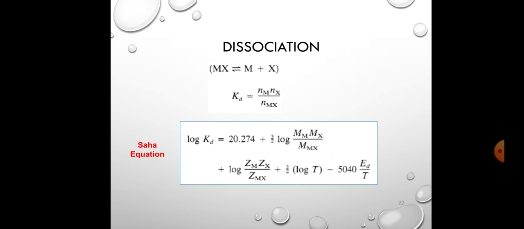So the dissociation constant depends on T and Ed, on temperature and dissociation energy.